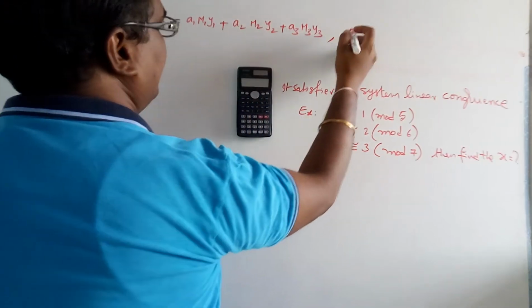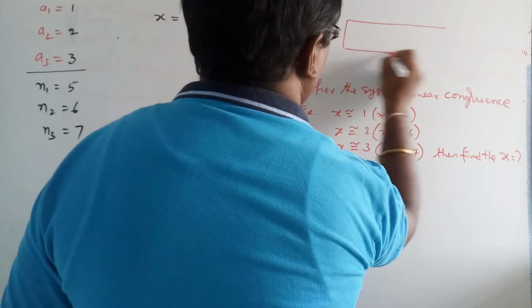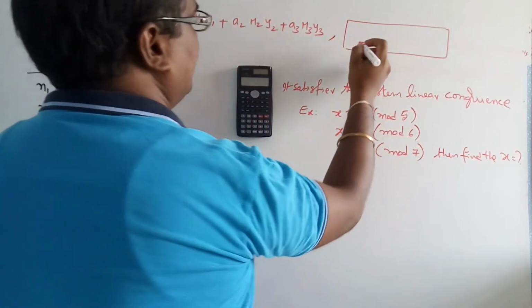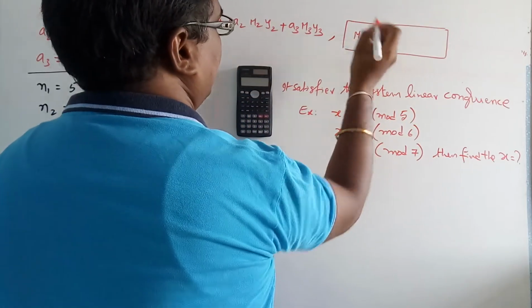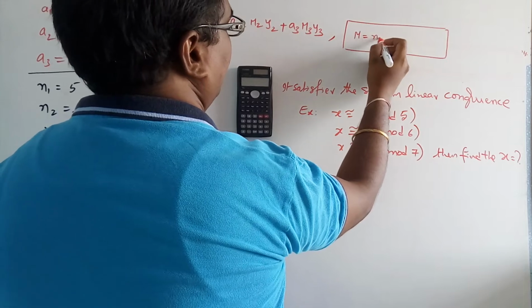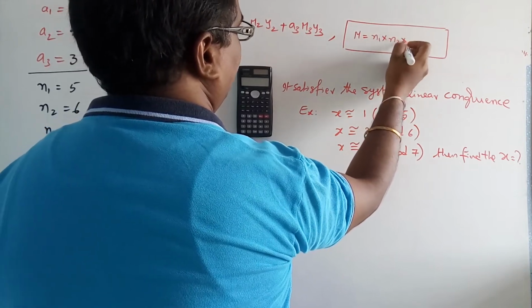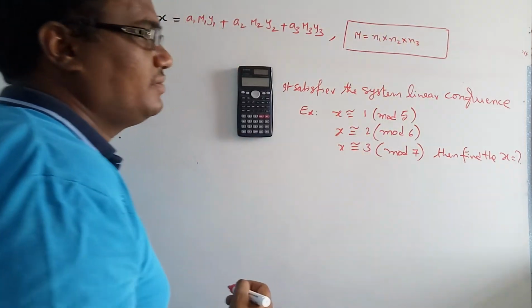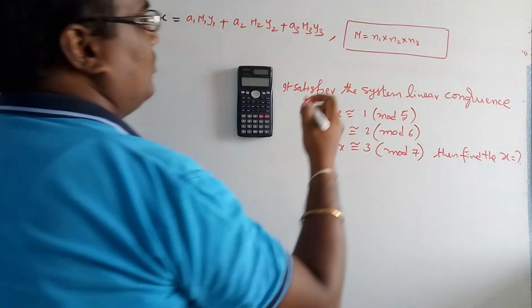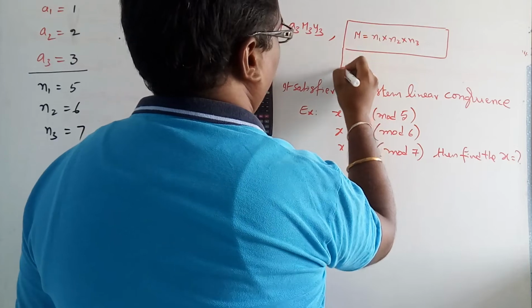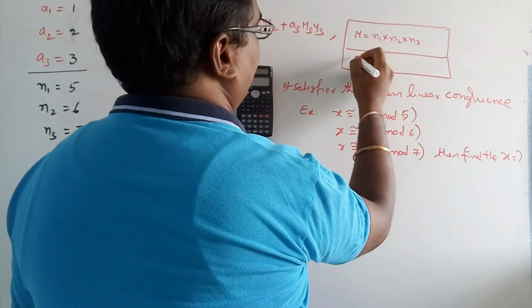First I find capital M. Capital M is equal to N1 into N2 into N3. One more is there.